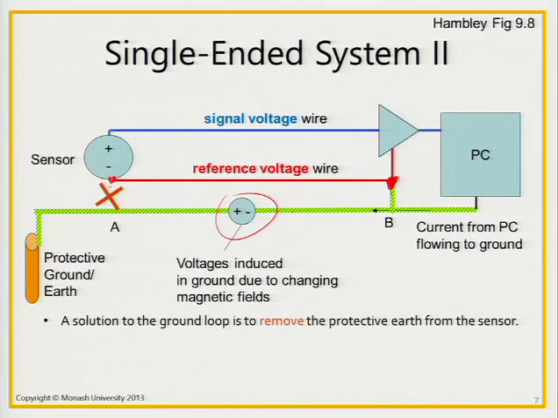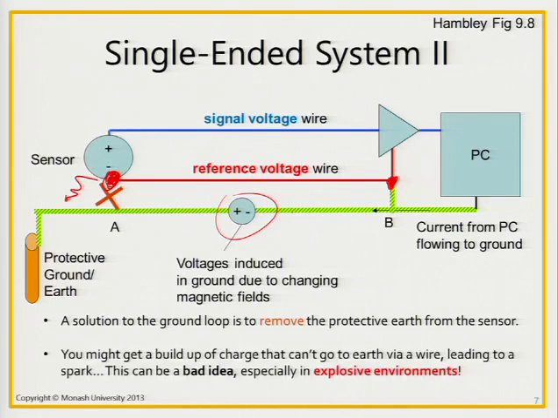Okay, so what could happen, not necessarily, but a great likelihood, is if you got a build-up of charge at this point here, and it's got nowhere to go, then what you might get is actually a spark. And a spark, let's say in a vat of highly flammable material or chemical, is a really bad idea, especially if you've got explosive environments.